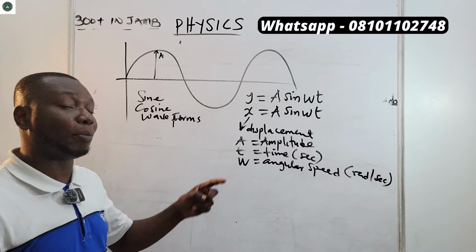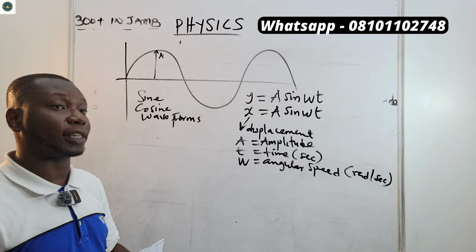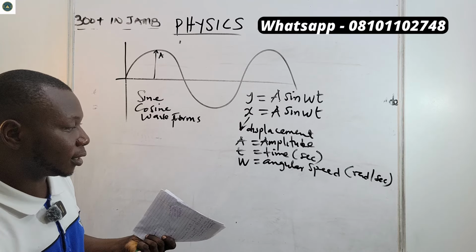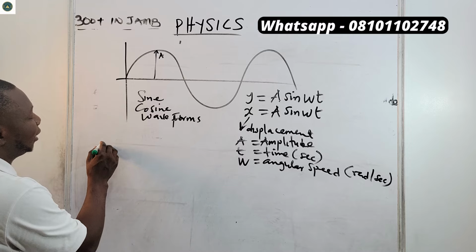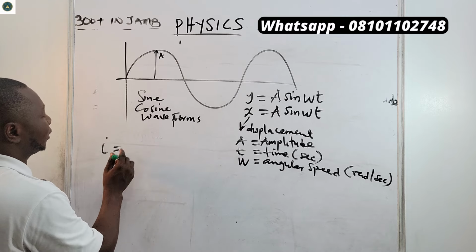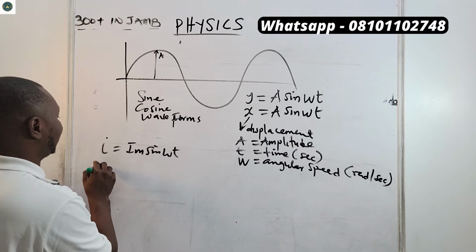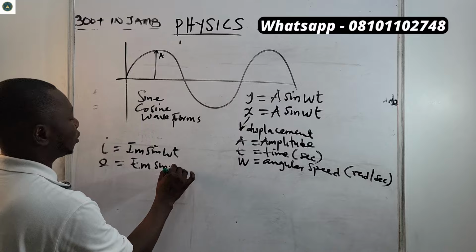In the application, I also told you about using an electric circuit in generating radio frequency. In relation to electricity, we can have instantaneous current, I equals I max sine omega t, and instantaneous voltage, E equals E max sine omega t.